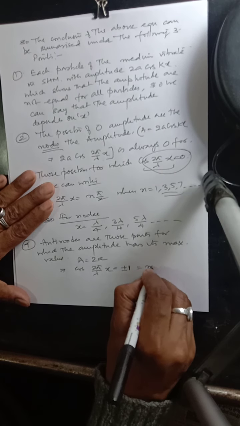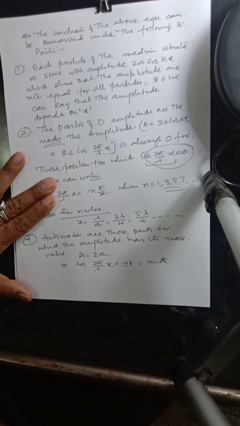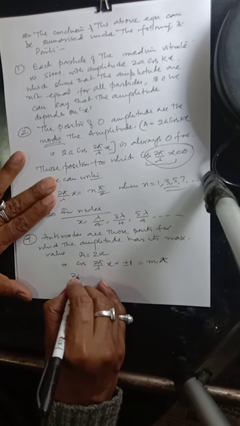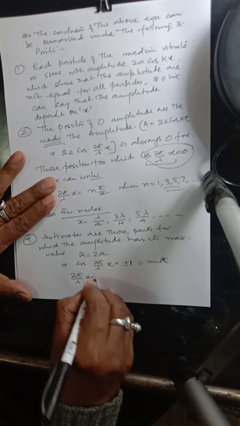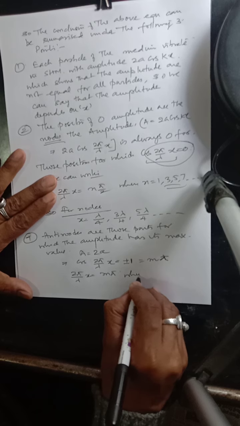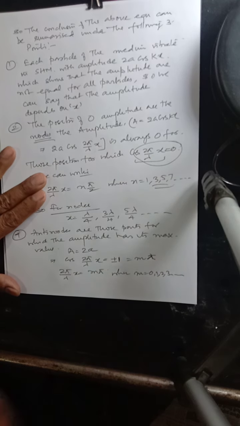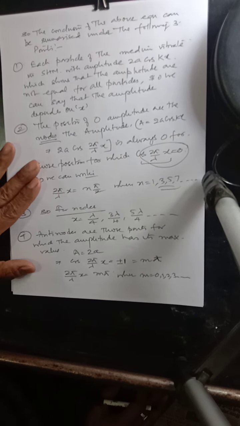So it will be m pi: (2 pi by lambda) x is equal to m pi, where m is equal to 0, 1, 2, 3 and so on.